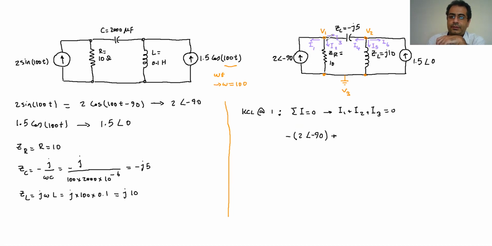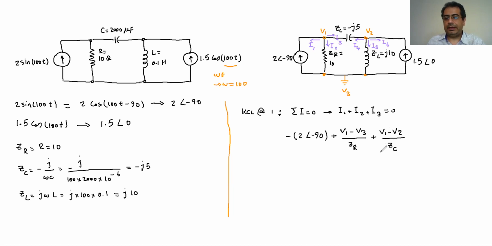I2 is the voltage at the beginning minus the voltage at the end, divided by the impedance or resistance. So it's V1 minus V3, which is 0, divided by ZR. And for I3, again, it's the voltage at the beginning, V1, minus V2, the voltage at the end, divided by the resistance in between, which is ZC.